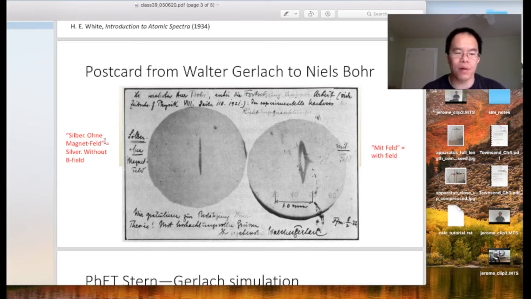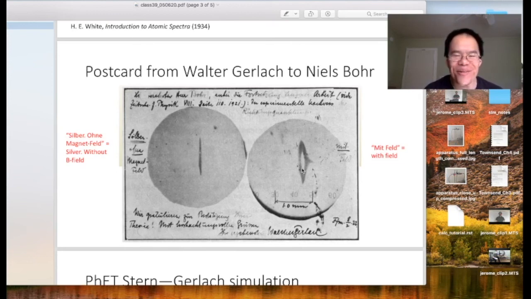So it's silver with no magnetic field, no field gradient, and therefore there should be no splitting whatsoever. Here with the magnetic field, you can see how that pattern got split into two, and they only really had the maximum field inhomogeneity here in the middle, which is why you see this lip-shaped pattern over here. So I thought this was a really cool picture for you all to see.